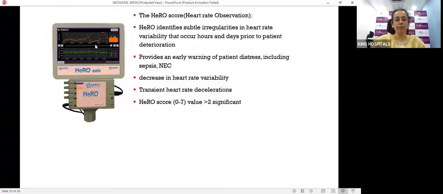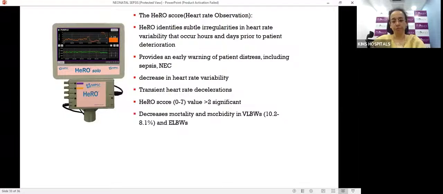And these results are given in a numerical form. The value of the HeRO score is between 0 and 7, and any value more than 2 is significant. So in this way, artificial intelligence can help us in diagnosing the baby who might go into other signs of clinical deterioration in the earlier phase itself.